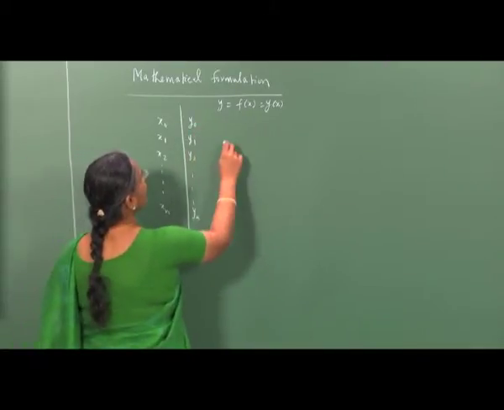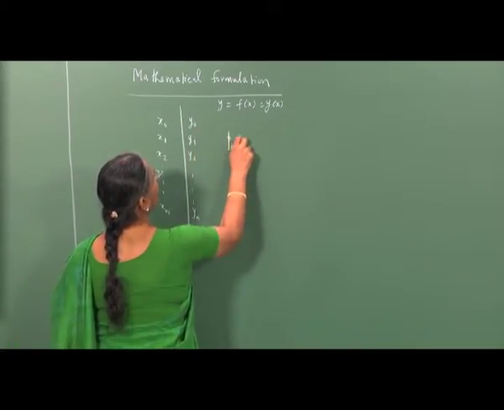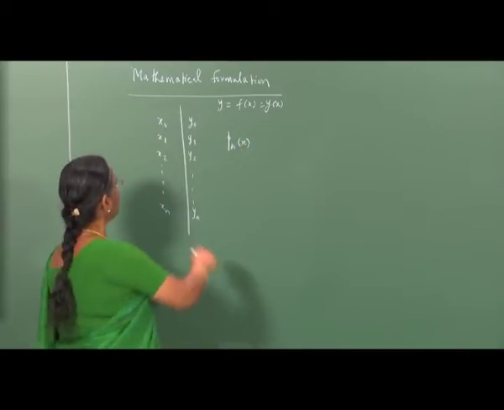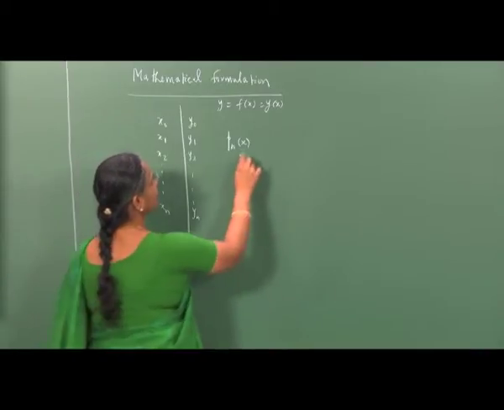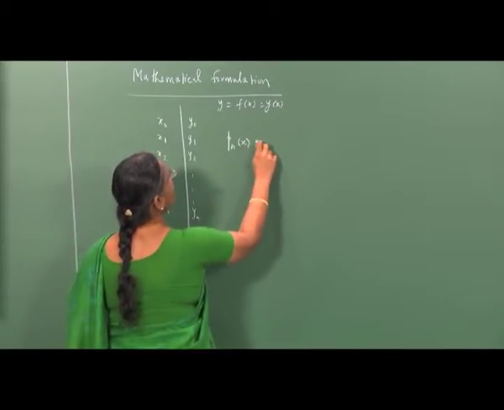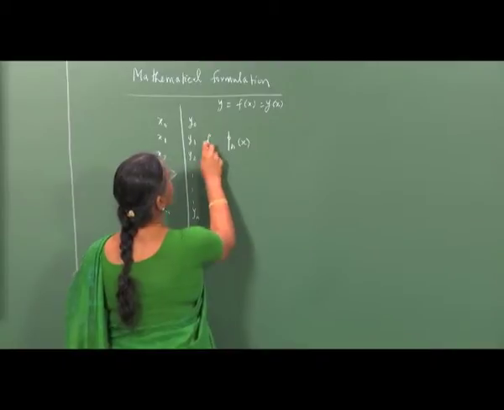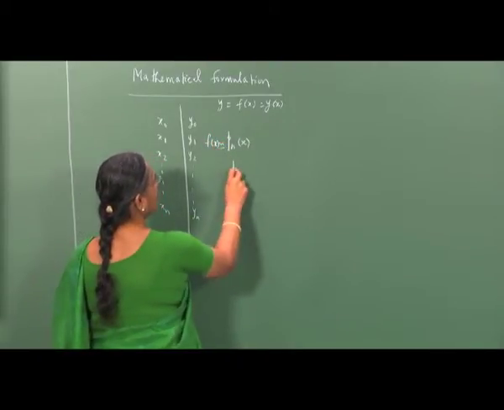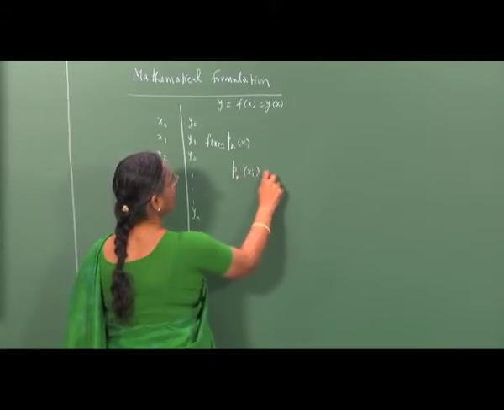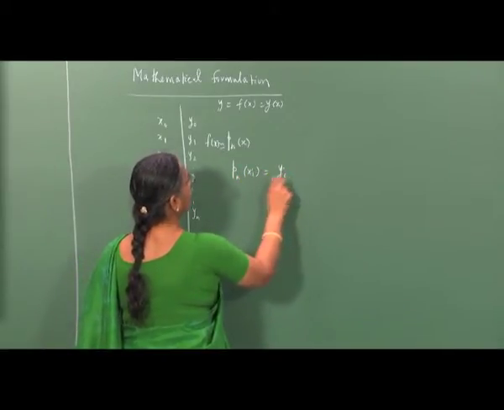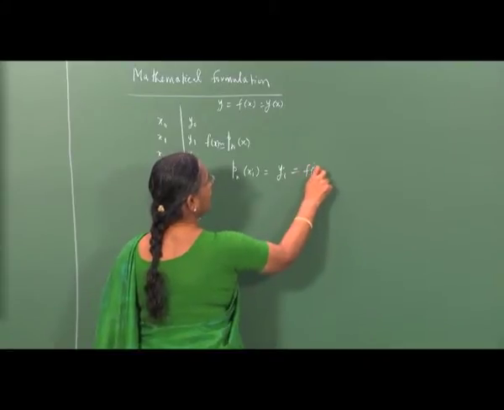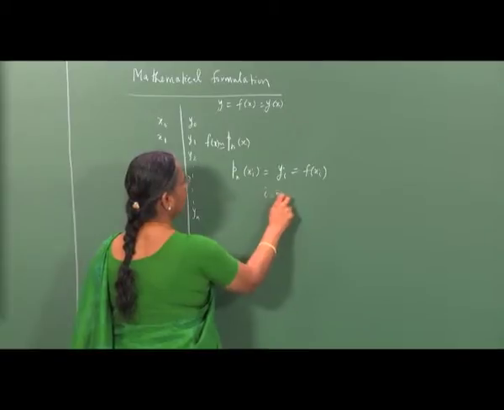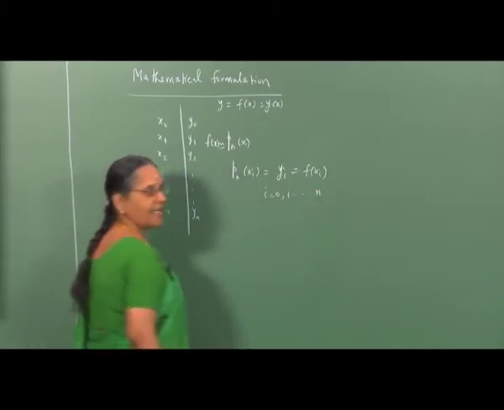So, we seek a polynomial say of degree at most n passing through these n plus 1 points such that p n of x approximates the function f of x, such that p n takes values yi, namely f of xi at the points xi for i equal to 0, 1, 2, 3, etc., n.